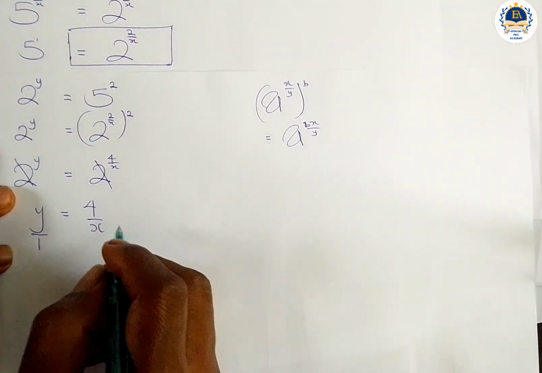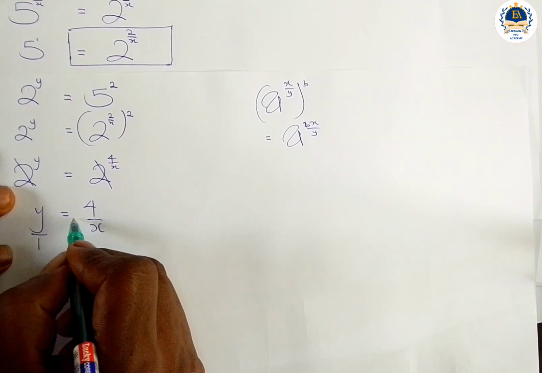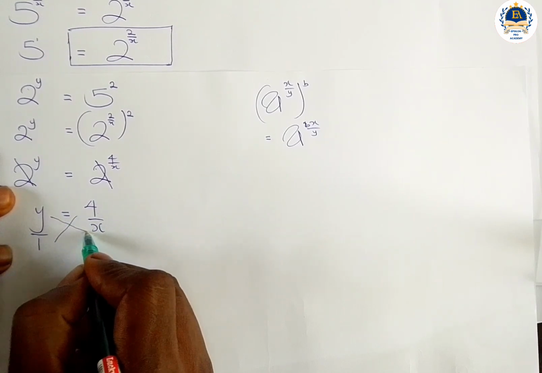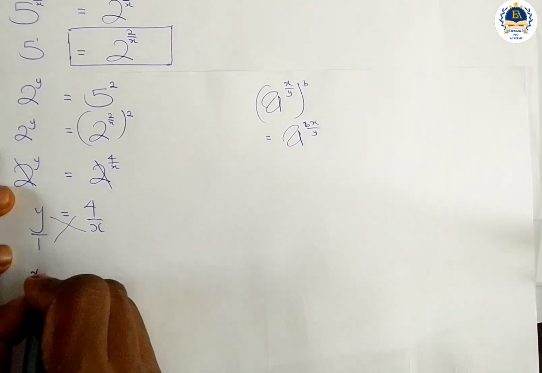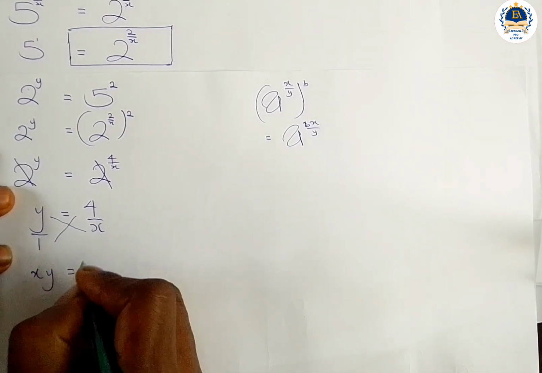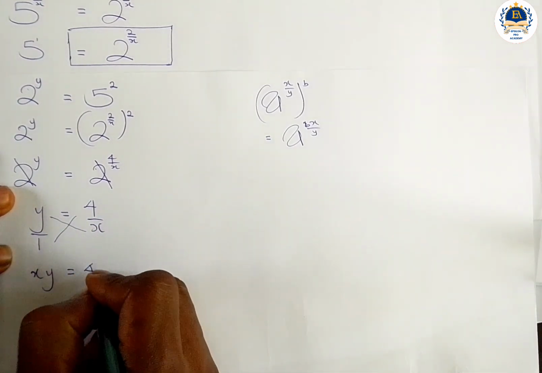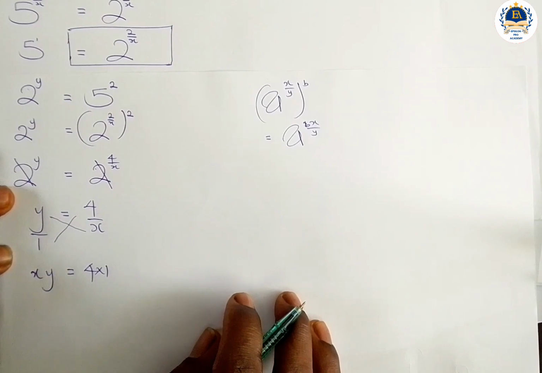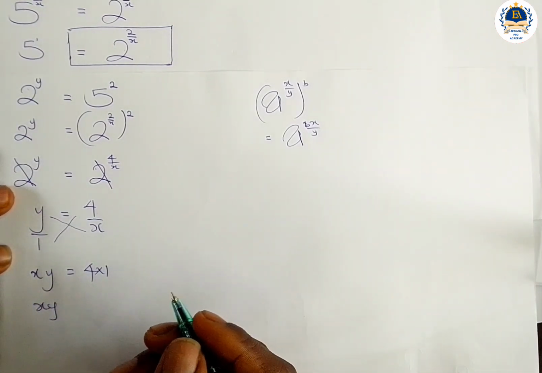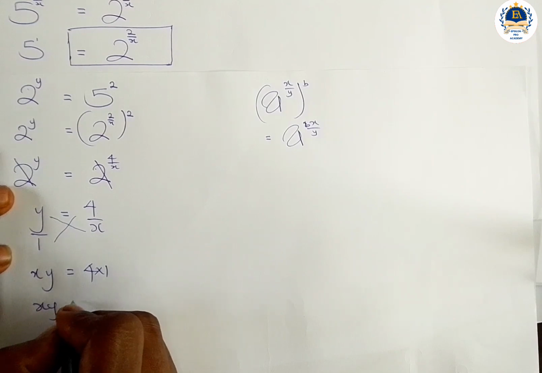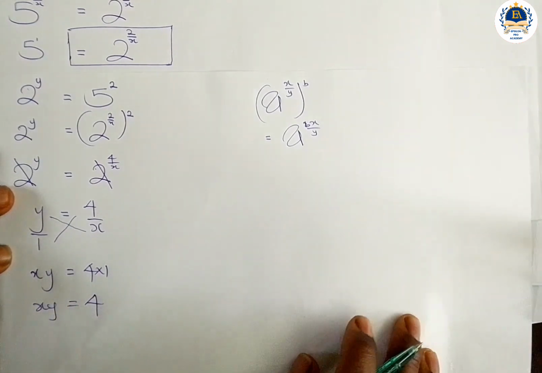So what should we do? We cross and multiply, isn't it? Cross and multiply from here. So xy will equal 4 times 1. So if xy is equal to 4 times 1, that is to say xy is equal to 4.